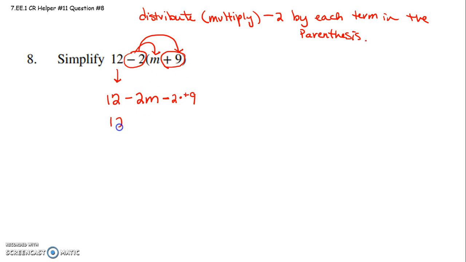So let's take 12 minus 2m minus 18. A negative times a positive is a negative. So minus a positive becomes a negative, plus a negative becomes a negative. -2 times +9 is a -18.